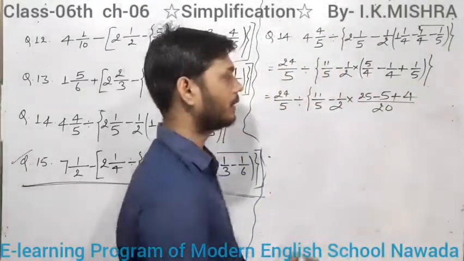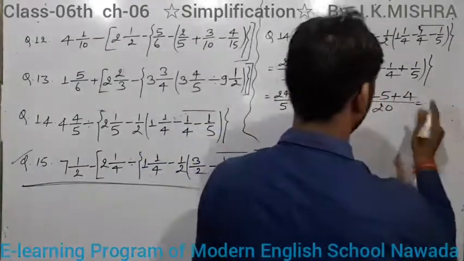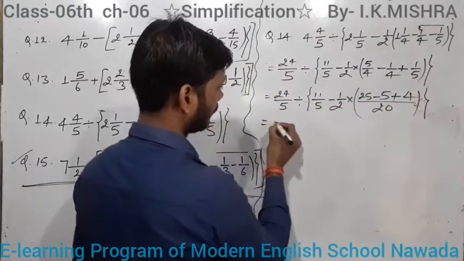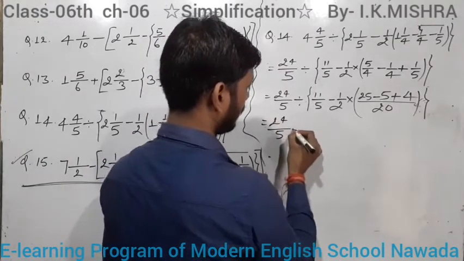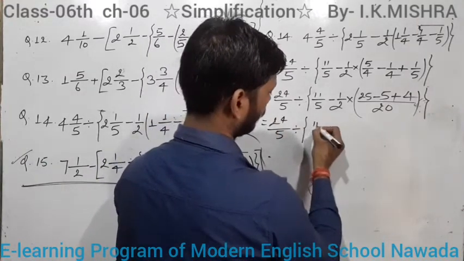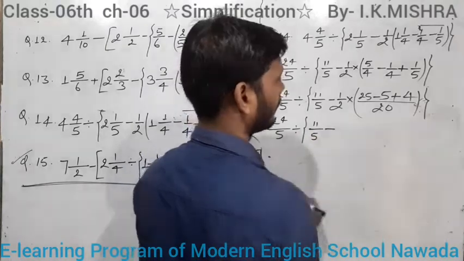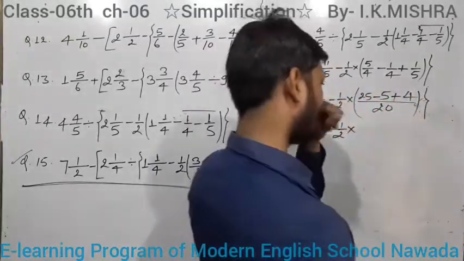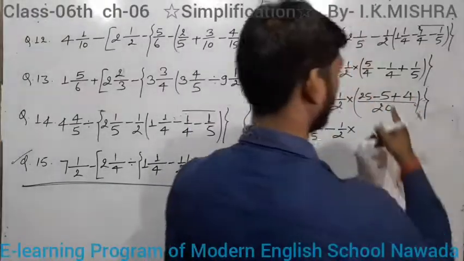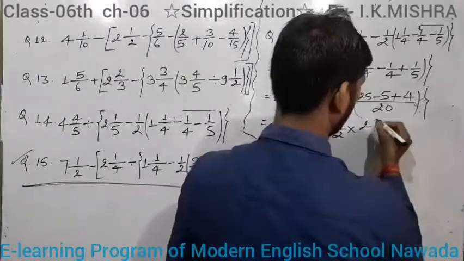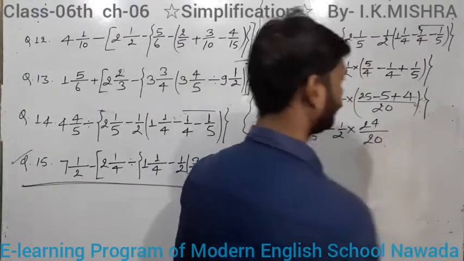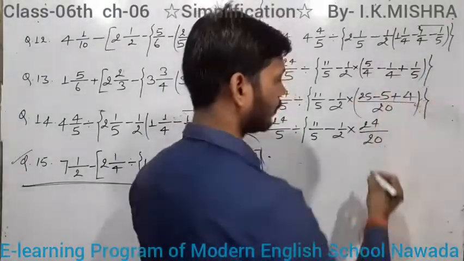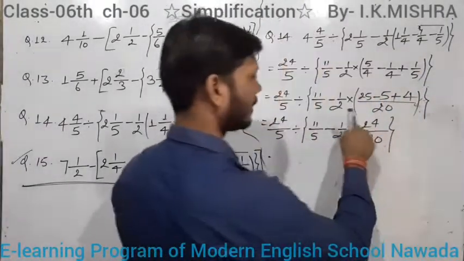So students, after that 24 by 5 divided by 11 by 5 minus 1 by 2 into, and do the operation: 24 by 20, 24 by 20, here minus 20 and plus 4, 24 by 20, and the small bracket is removed.